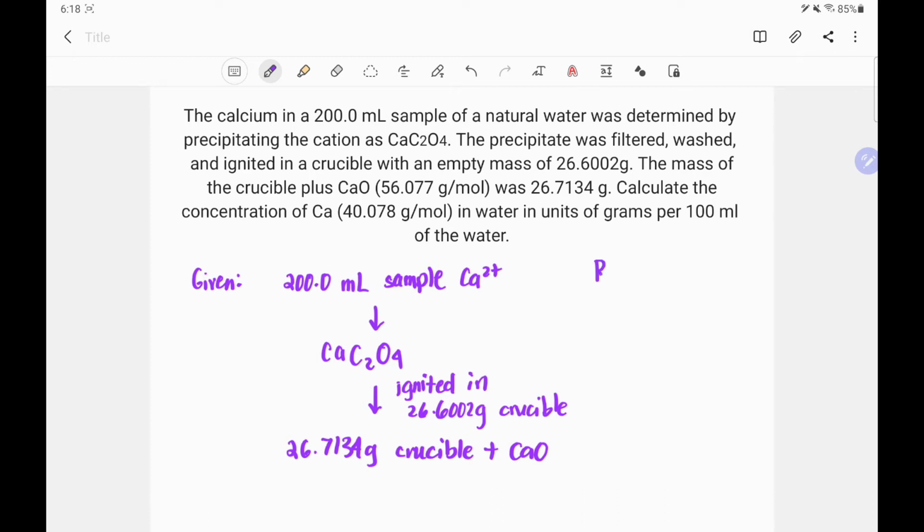We're asked to provide the grams of calcium per 100 ml of solution.